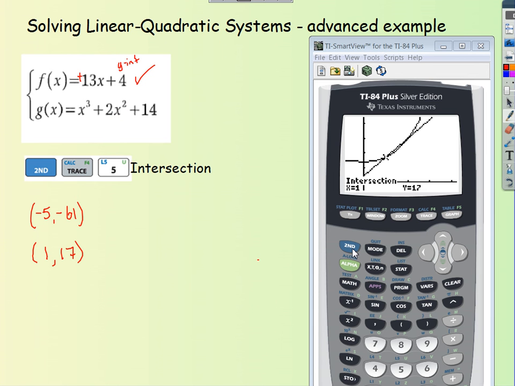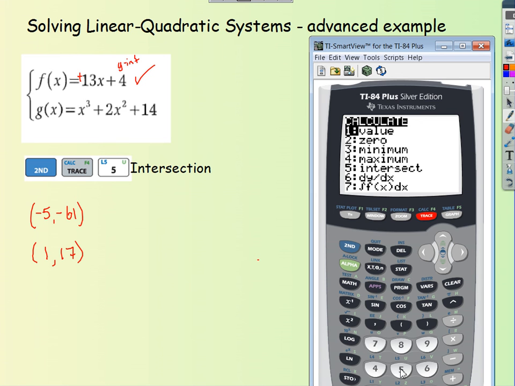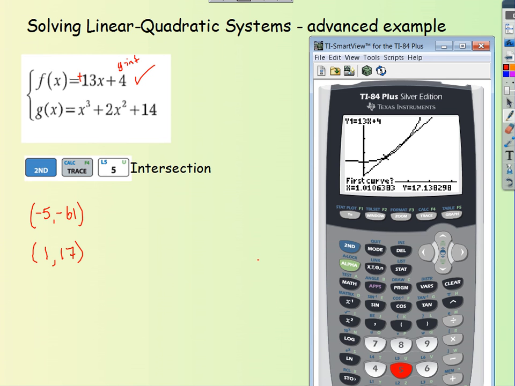All right, let's go ahead and do the next one. So I say second, trace. I'm looking for my intersection, right? I go to number 5, first curve, second curve. Now I move myself to the guess. A little bit more. And I'd say right there is probably as close as I'm going to get.